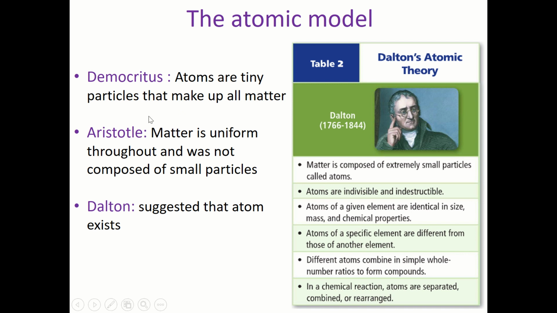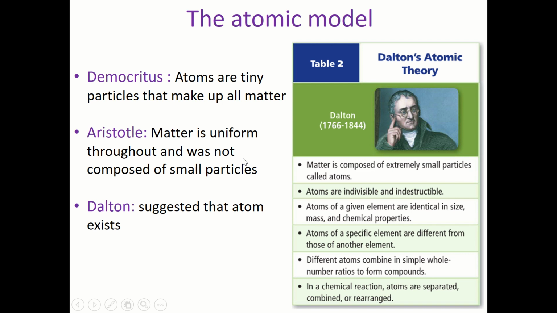Now, at his time, there was one other philosopher who was very famous, and maybe you guys heard about his name. His name is Aristotle, and Aristotle said that Democritus is wrong, and that there is nothing called an atom. He said that matter is uniform throughout and was not composed of small particles.